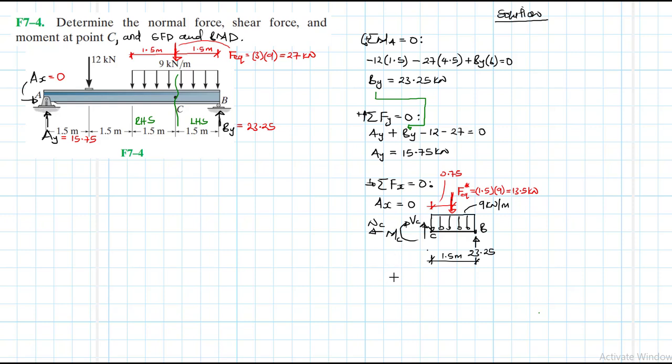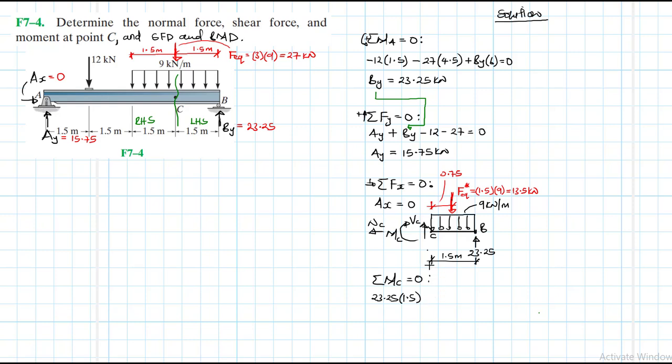We'll start with summation of moments. So summation of moments about point C equal to 0. What do we have? Okay, we have a positive moment from 23.25 times the lever arm, which is 1.5.